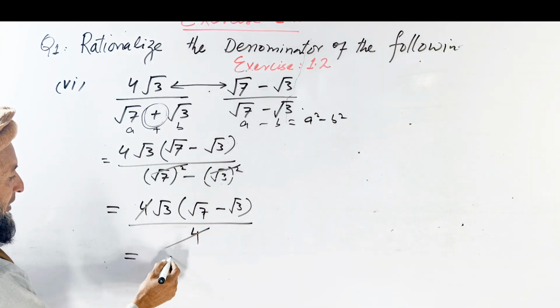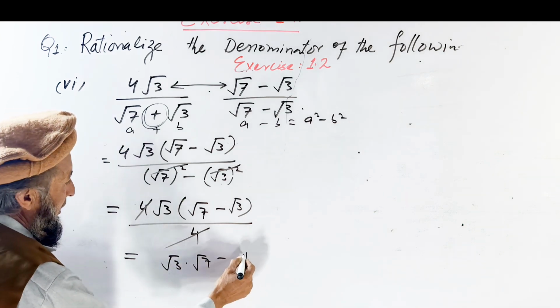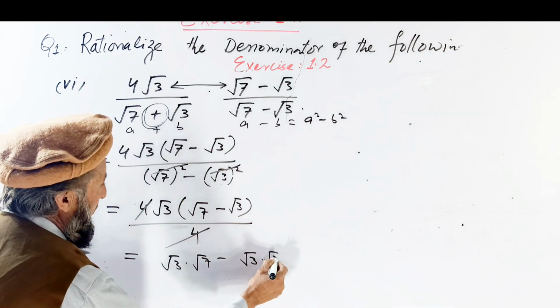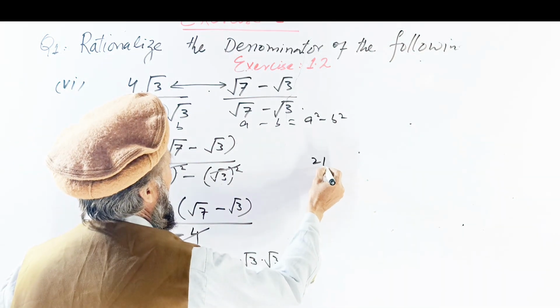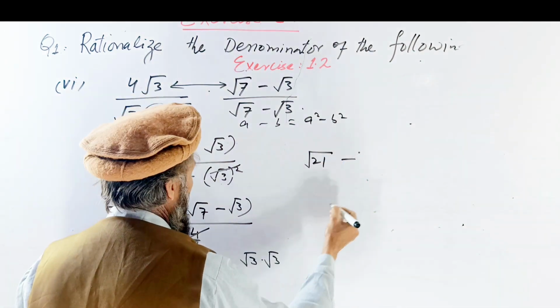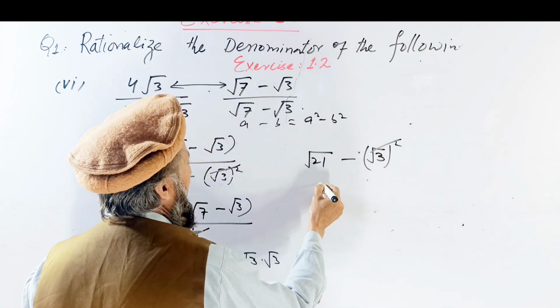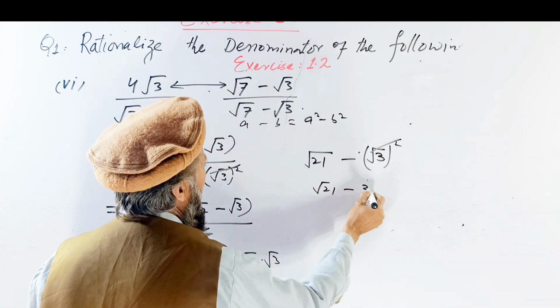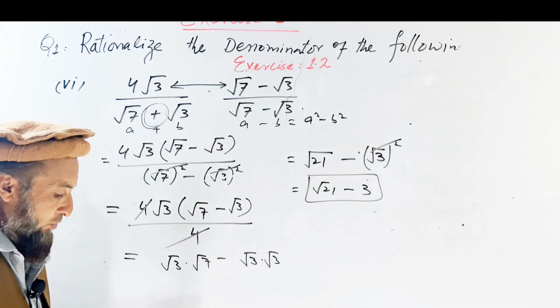We get here root 3 and root 7 minus root 3 into root 3. According to the property, we can write this as root 21 minus root 3 whole square. So this will be cancelled. Root 21 minus 3 is the correct option of this question.